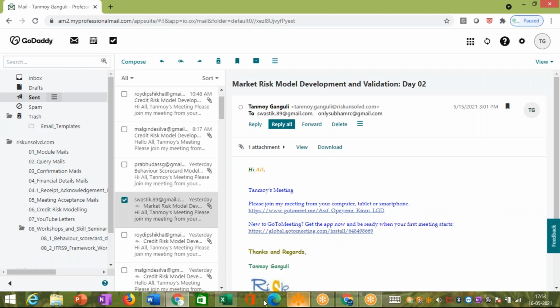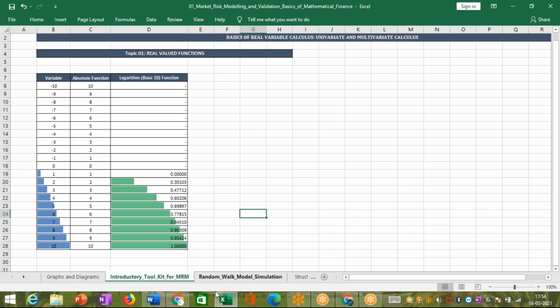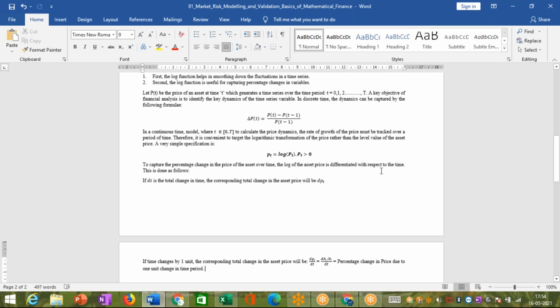So the next question that comes out over here is, okay, what we have created up to now is the log function, right?